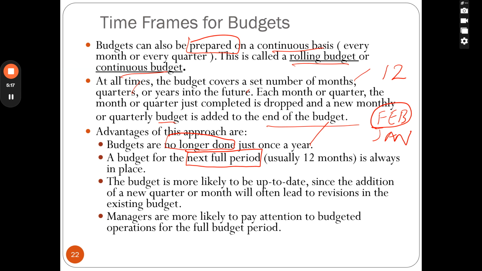So it is going to be a budget with updated information. So the budget is going to be up to date. And the manager is more likely to pay attention to budgeted operations for the full budget period. So these are the benefits of a continuous budget.